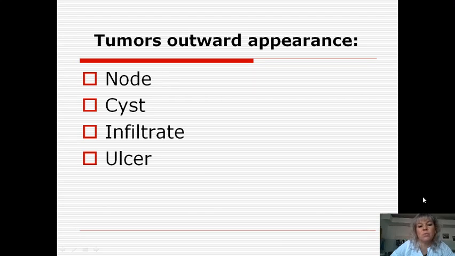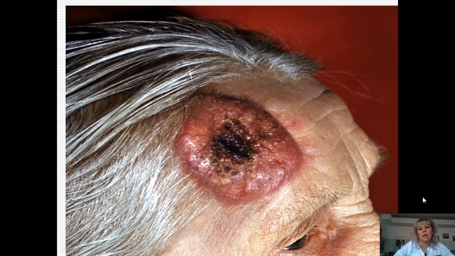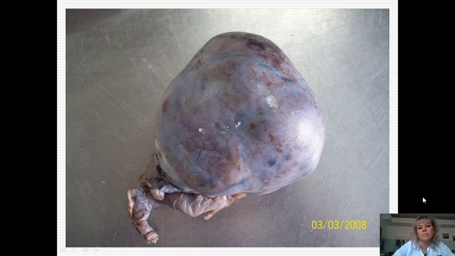Node and cyst are more often seen in benign tumors. Infiltrate and ulcer are malignant tumors. In this photo you can see an ulcer. I think this is a malignant tumor. This large cyst in the ovary, I think, is a benign tumor.